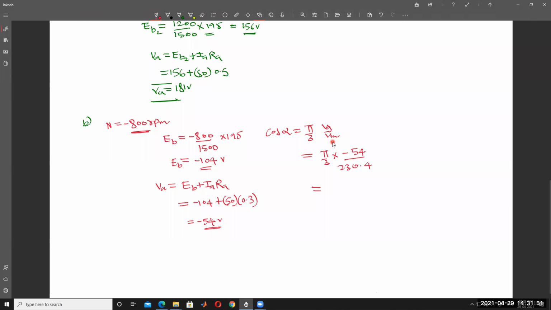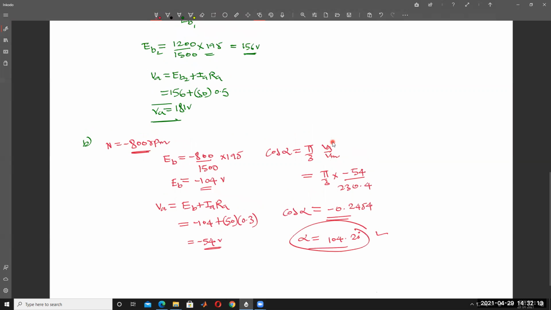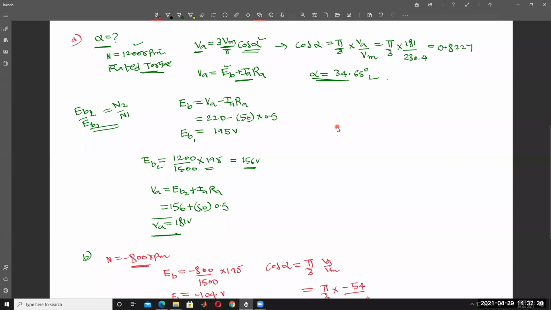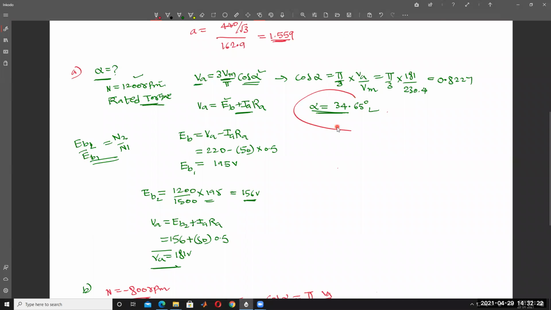So I got minus 245. This is the cos. Then alpha, finding alpha from this relation, I got 104 point. This is the firing angle of the first problem.